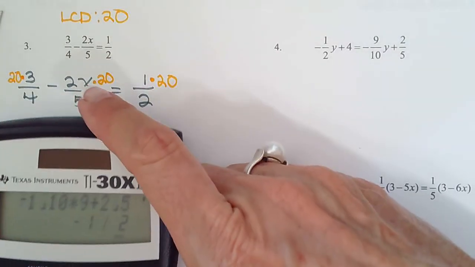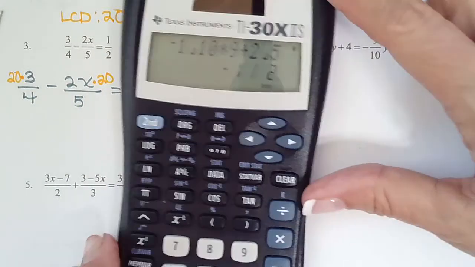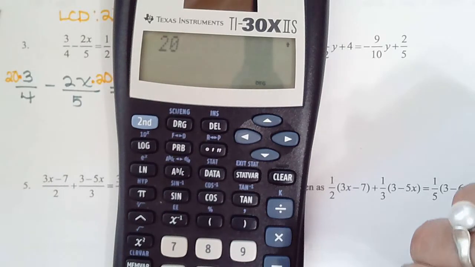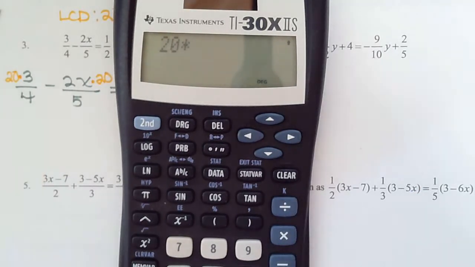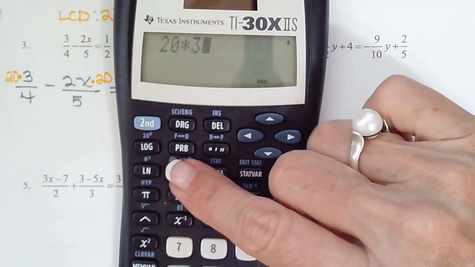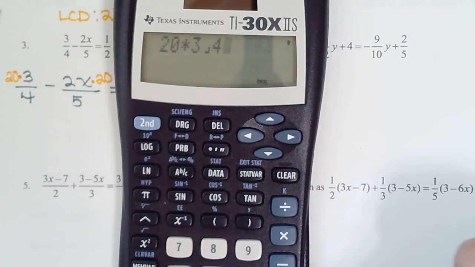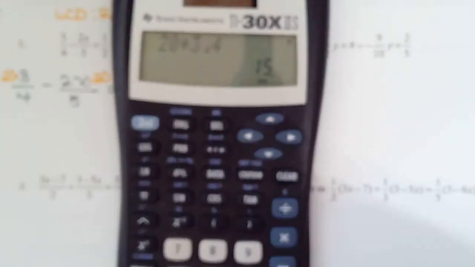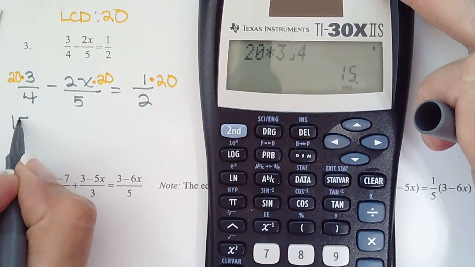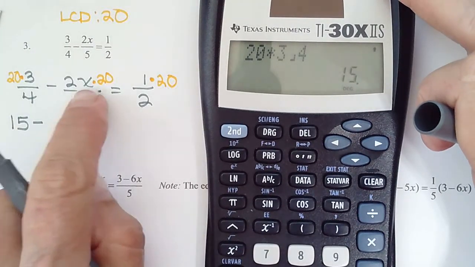If you can't do that in your head, just type it in the calculator: 20 times 3 fraction bar 4. And you can see that's 15. So the first term is now 15. Fraction is gone.